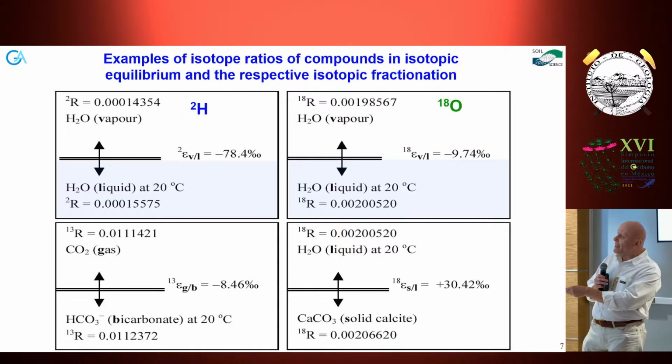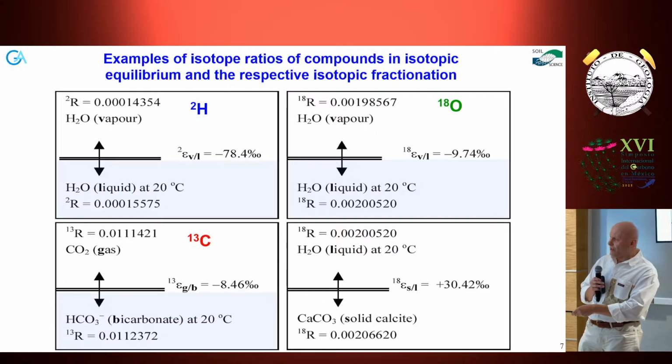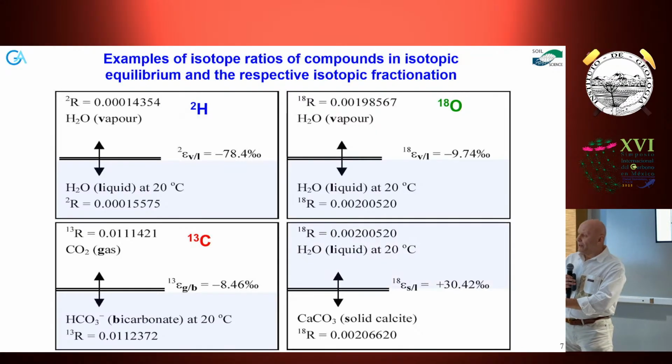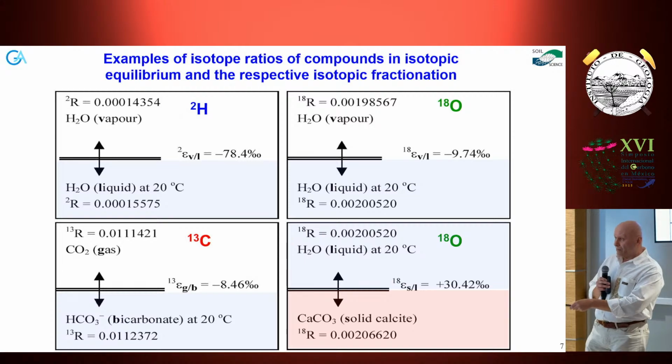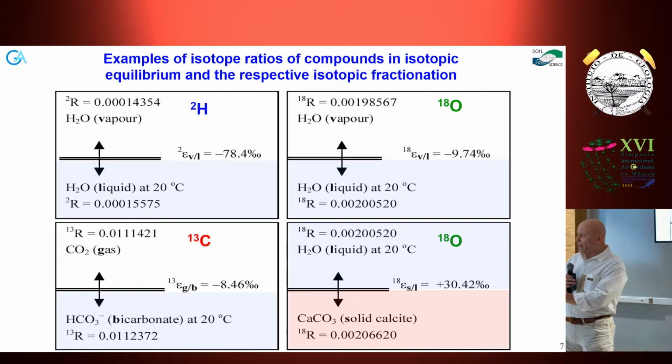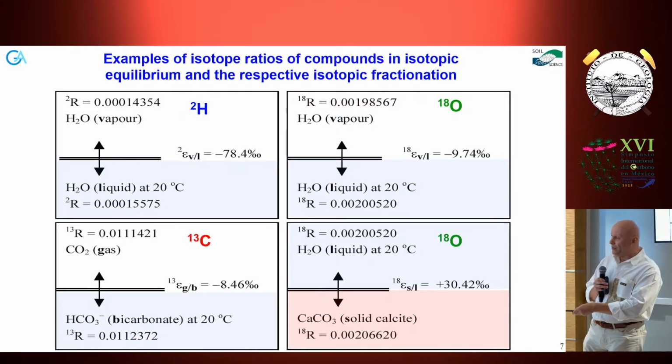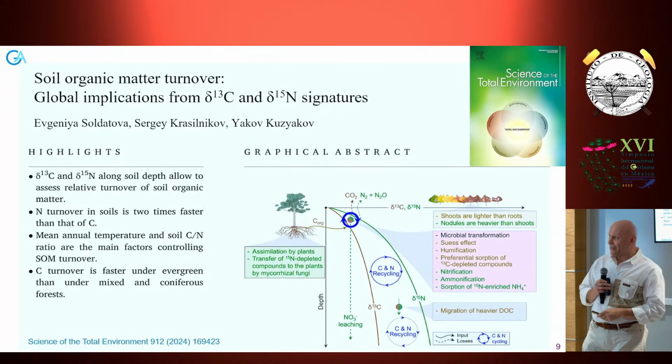Here it will be less O18 in the vapor. The same for bicarbonate for the dissolution between the gas and the water. And also, for example, if calcium carbonate is dissolved, it will be more in solution because it's going easier into the solution compared to the solid. This is just as example.